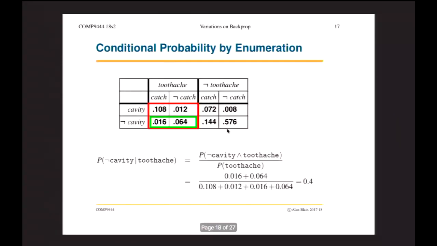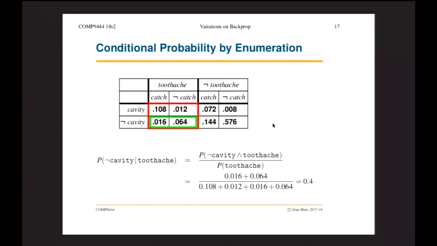This again is exactly the same thing, but just with rectangles. So if I say, well, what's the probability? It's sort of been reversed a bit here, but if you've got a toothache, what's the probability of not having a cavity? Then there's like a Venn diagram.